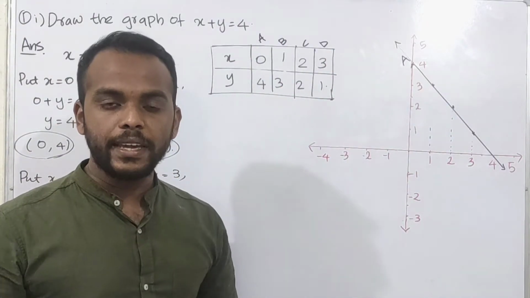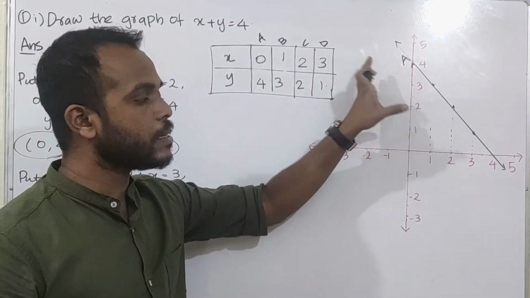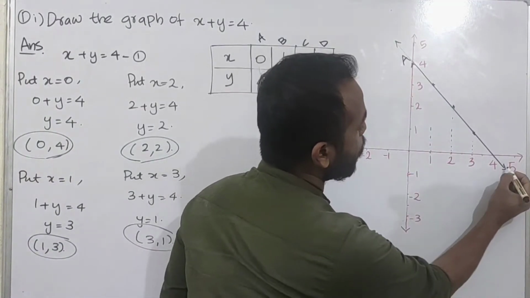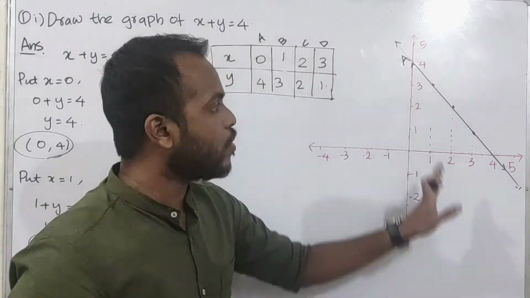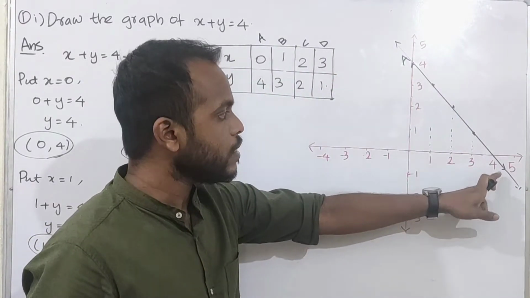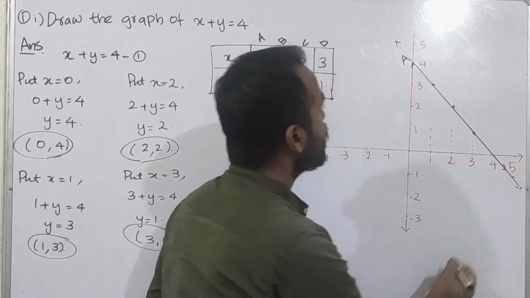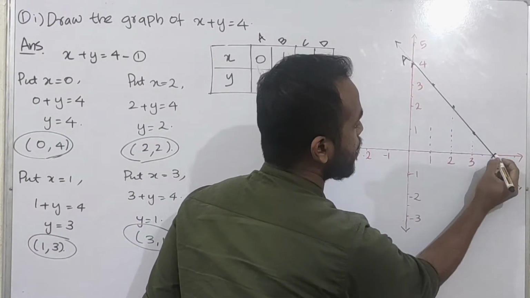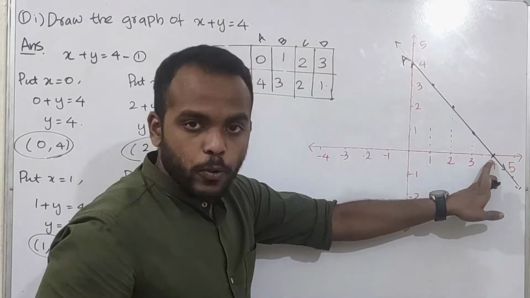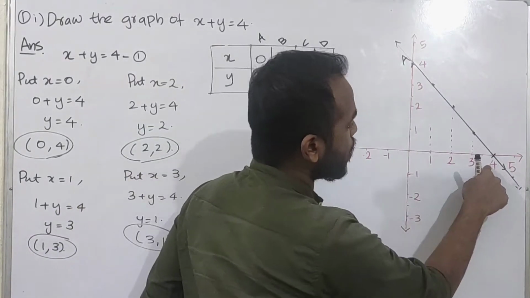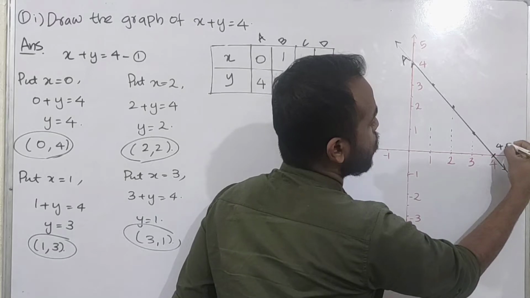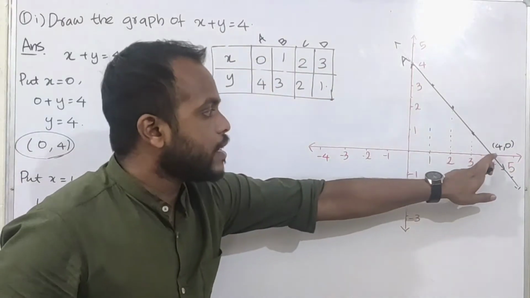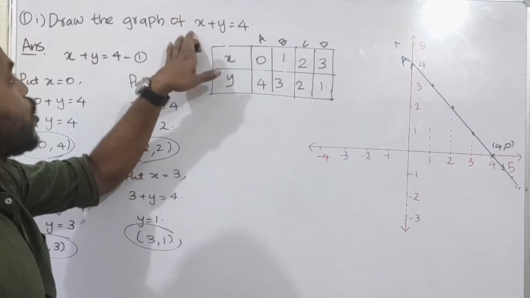If you take any point on this straight line, that point will satisfy this equation. For example, here this line intersects at this point. What will be the coordinates of this point? It is (4, 0), isn't it? Let's check whether this point satisfies the equation.